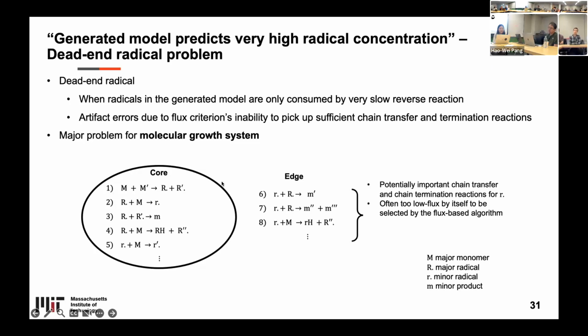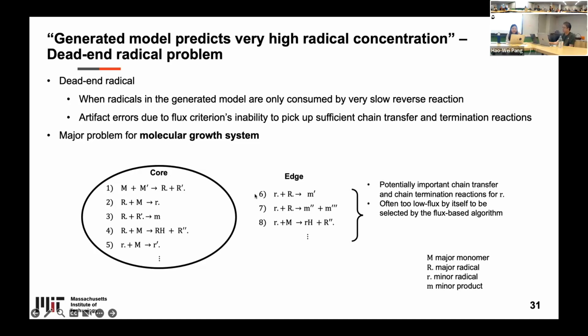This is a major problem, especially for molecular growth systems, like polymerization, where you have a lot of monomers, and monomers directly form some major radicals. For all the major radical pathways, if they react with monomers or major radicals recombine, these mostly have high enough fluxes that both the branching algorithm and the flux based algorithm can pick them up.